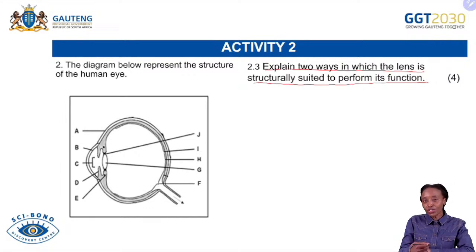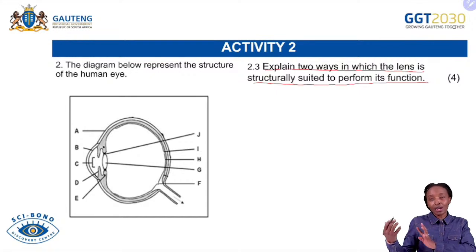What we mentioned in the functions, we said the lens is transparent and it is elastic. Being transparent, it is able to allow the light to pass through, and being elastic, it has the ability to alter its shape, and when it does that, it refracts the light so that there is clear vision.